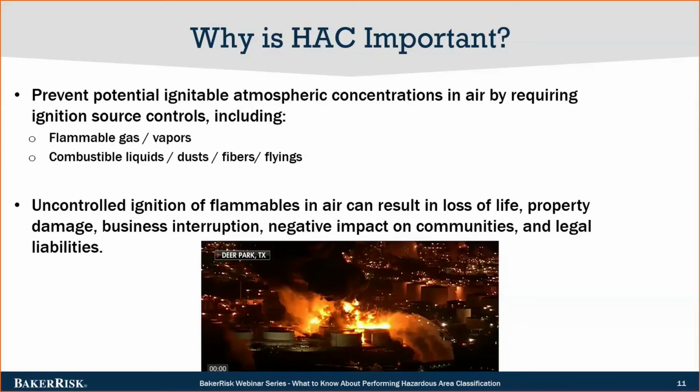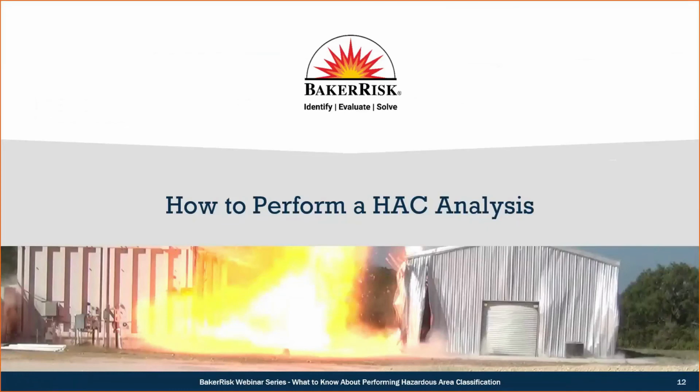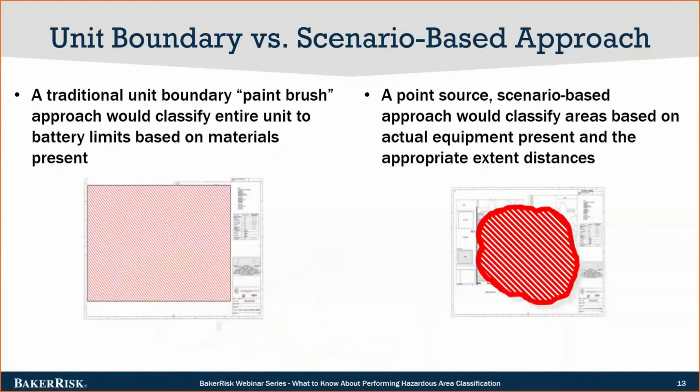Now I'd like to ask Austin to explain a little bit about how to perform a hazardous area classification analysis. Thanks, Dave. So as Dave mentioned, I'll be talking through the steps of how to perform a hazardous area classification. From an overall perspective, the traditional unit boundary paintbrush approach would classify an entire process unit to the boundary limits based on the materials present to the highest classification.